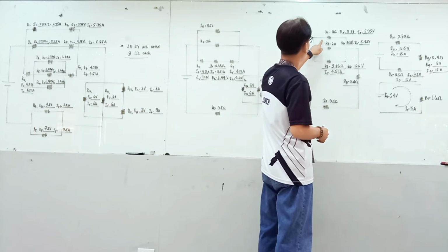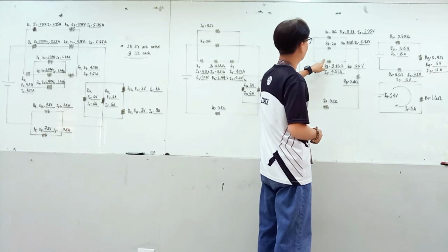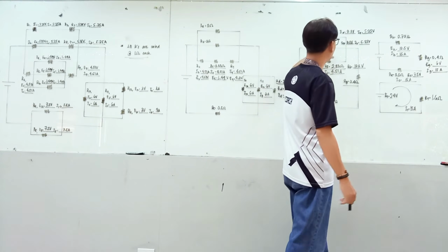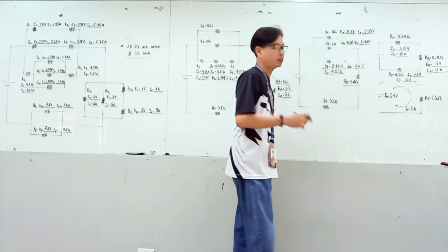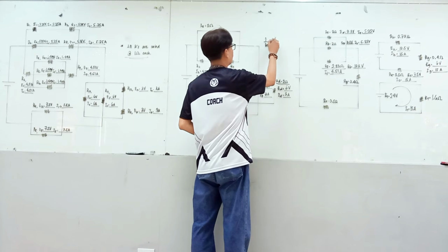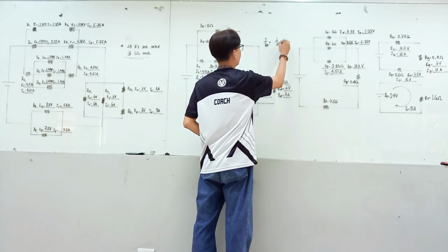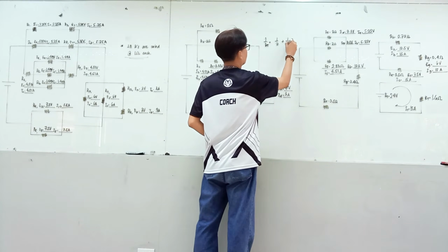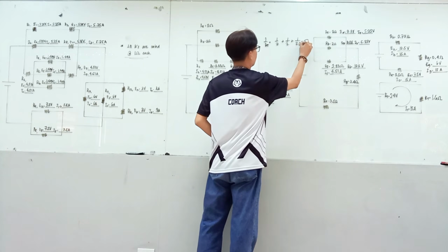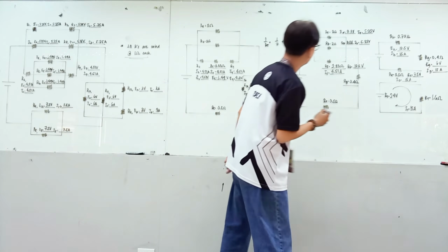Now, these three, RA, RB, and RF, they are in parallel. So we combine them again, using the formula, or we just compute it. It is 1 over R total is equal to 1 over 2 plus 1 over 2 plus 1 over 2.33. Sorry, 2.33. Am I right?